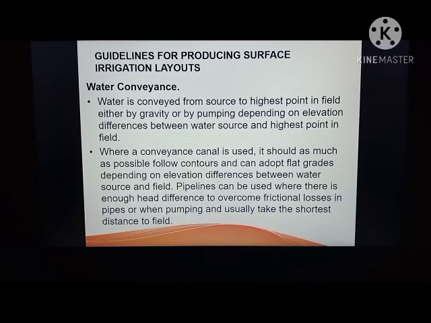Water is conveyed from source to the highest point in the field, either by gravity or by pumping, depending on the elevation differences between the water source and the highest point in the field. Pipelines can be used where there is enough head difference to overcome frictional losses in pipes or when pumping, and usually take the shortest distance to the field.